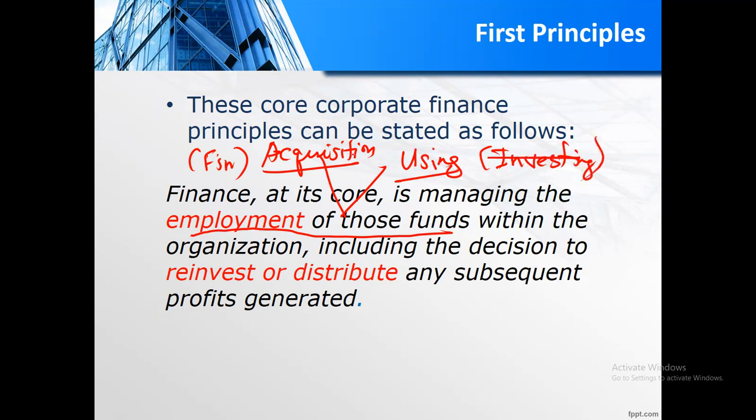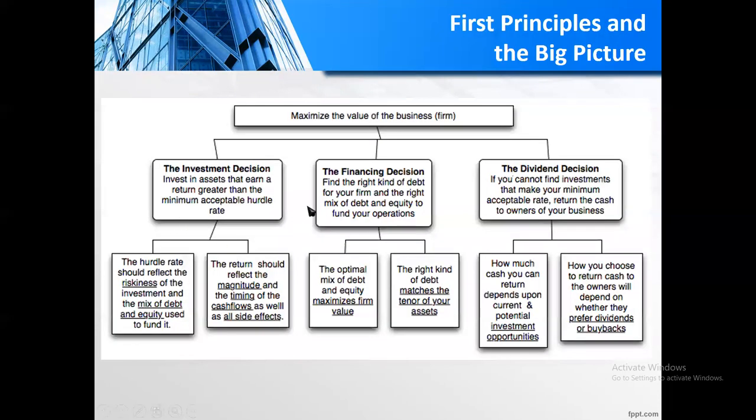And then also is the decision whether to return excess cash flow to shareholders or to flow it back to operations. So this is a very beautiful summary of what is really the main function, the core corporate finance principles. Let's just expound on that a bit.